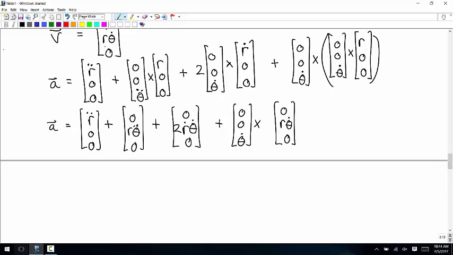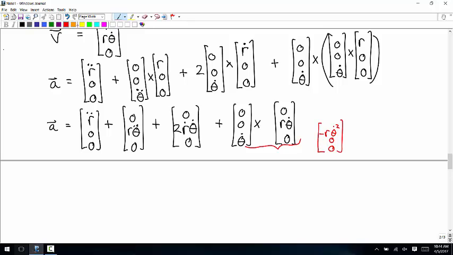This one comes out to be negative r theta dot squared. It's a vector, so that's in the x direction. So negative r theta dot squared 0 0.